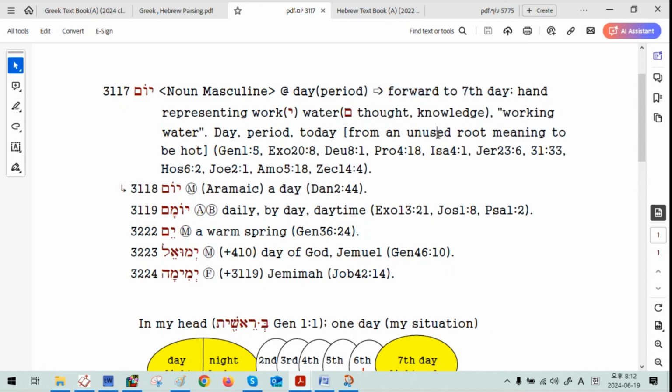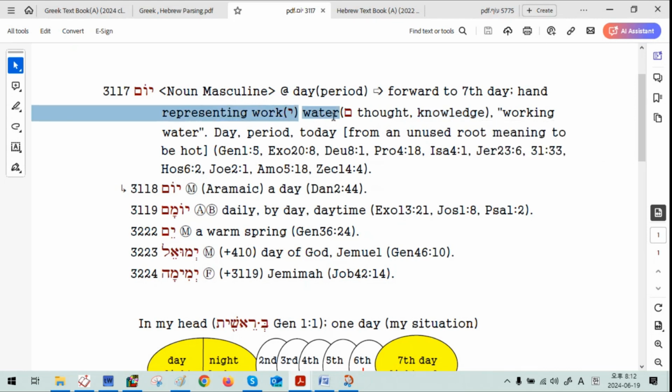When we look at the Hebrew alphabet only, the first one is the Yod, which is the work, God's handwork. And the last one, when we studied in the last class, is the Mem, which is the water, Mayim, right? Then water is the thought, water is the knowledge, water is the words.